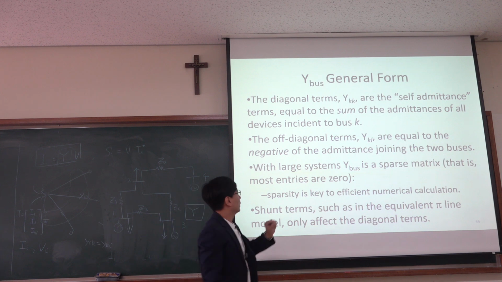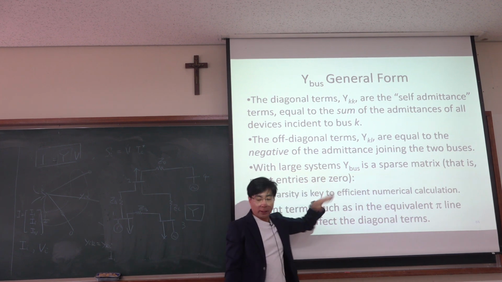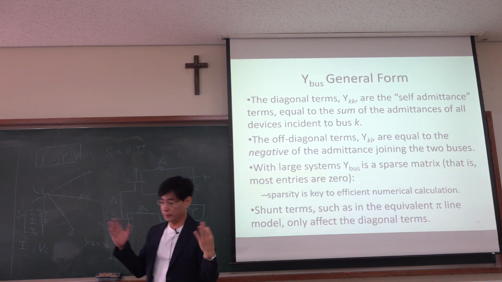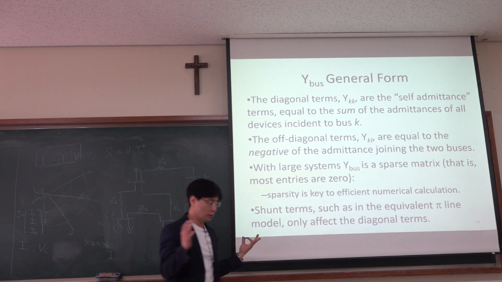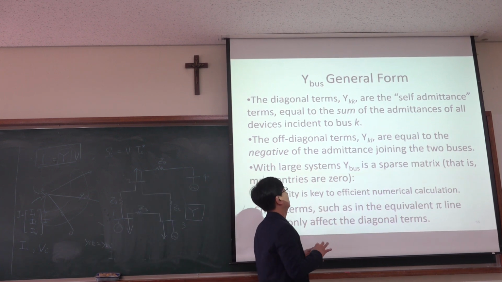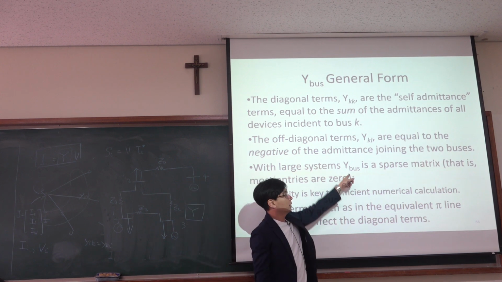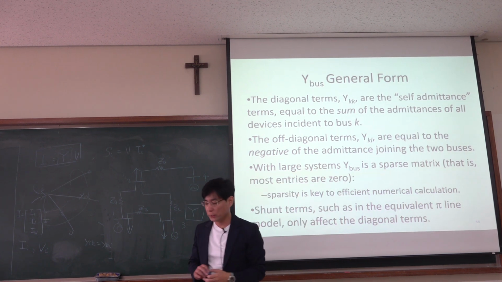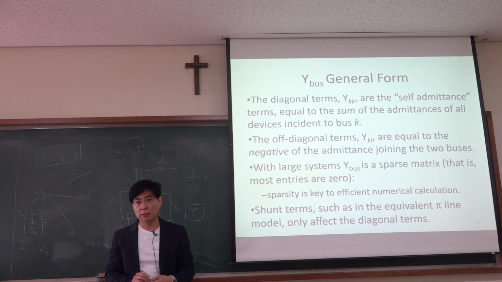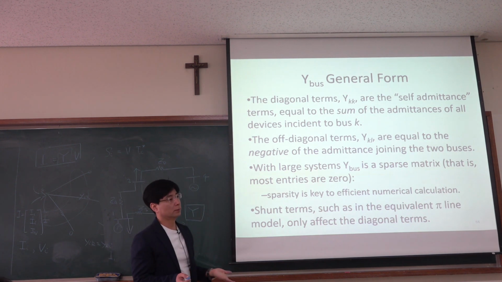Another important point is that in large power systems, like the Korean power system, which has more than 4,000 buses, this bus admittance matrix is sparse. Sparse means most of the terms are 0.